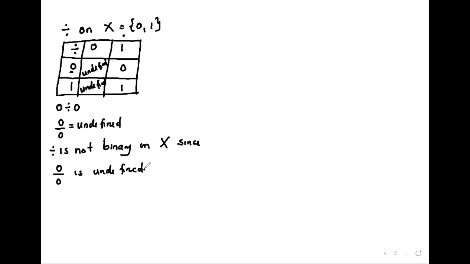Let's see. Is division commutative? Let's check.